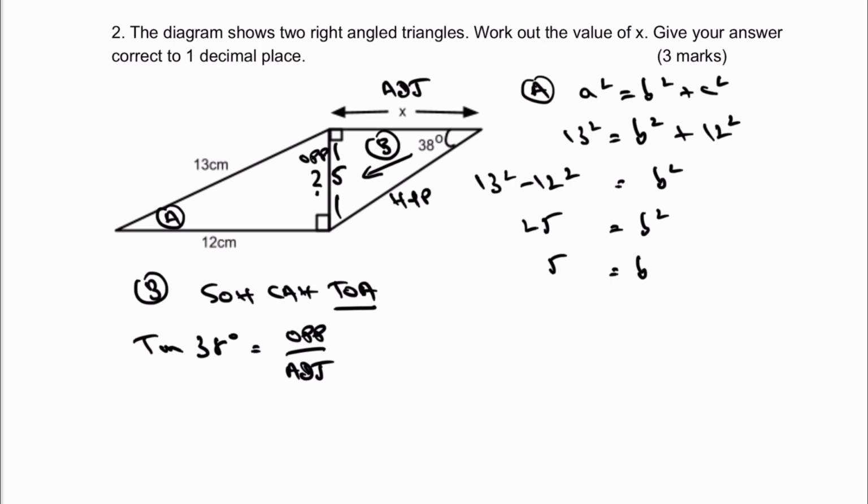Okay, so that's therefore going to be the adjacent, tan 38 degrees equals the opposite, which is going to be 5, divided by the adjacent. Now there's a little bit of algebra that needs to go on here.